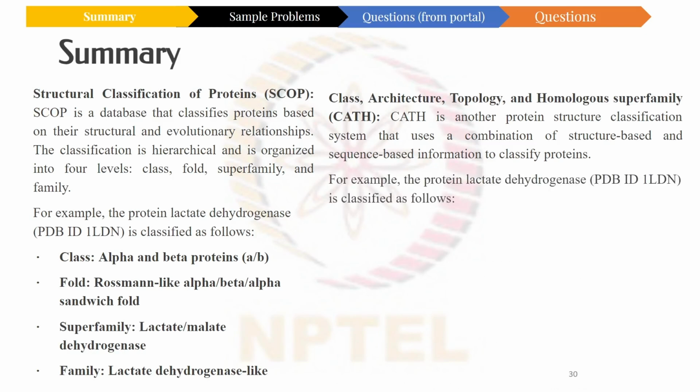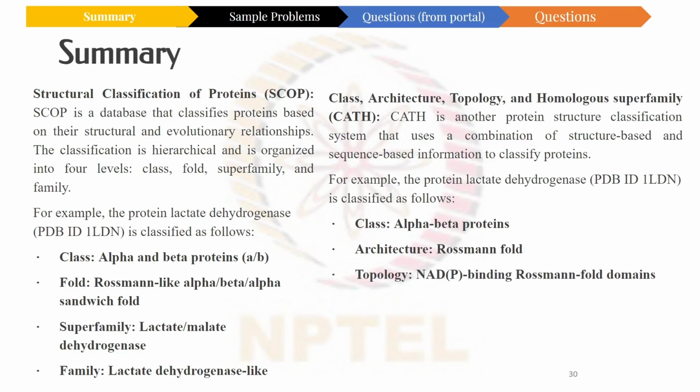So for example, similarly, when we take the representation of lactate dehydrogenase, that is PDB ID of 1LDN, the class is alpha beta protein, architecture is Rossmann fold, topology is NAD binding Rossmann fold domains, and homologous superfamily is lactate malate dehydrogenase-like.